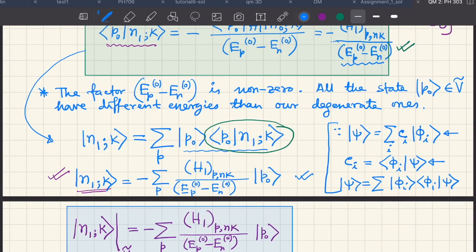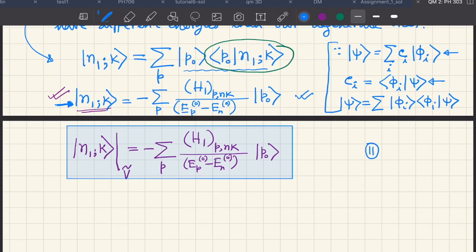Therefore, this N1K ket is not fully N1K, the full N1K is not here. It only gives us the N1K in the direction of P naught. Therefore, this is nothing but N1K in the V tilde direction. So let us call this equation 11. This is very important to note at this stage.